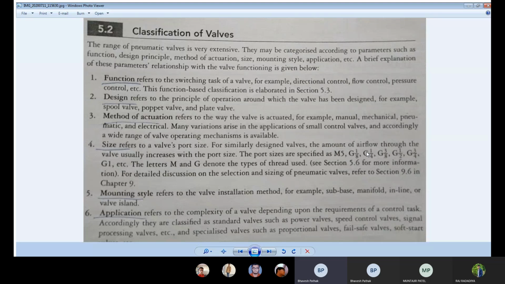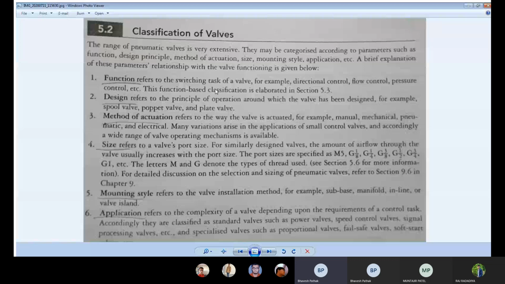According to this, it is a directional valve. Then it can be a flow control valve or a pressure control valve, and we can also classify according to the design and construction details of a pneumatic valve.